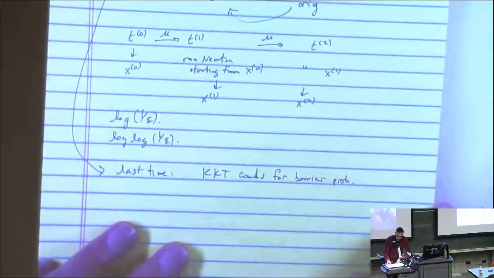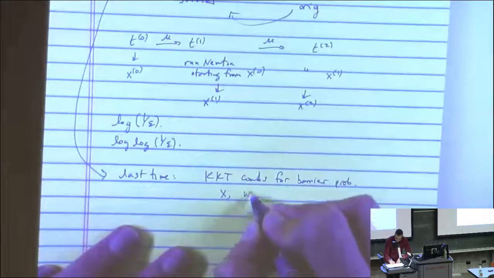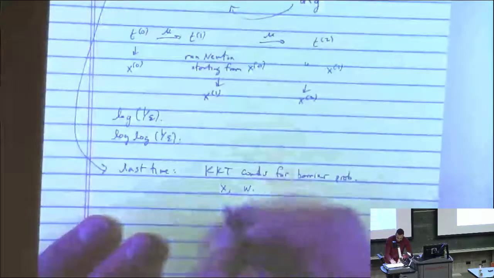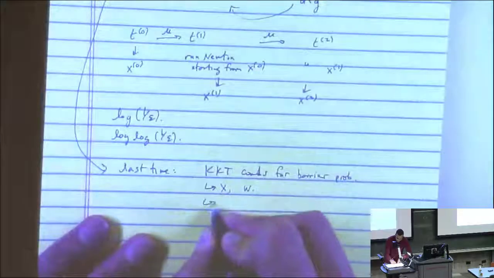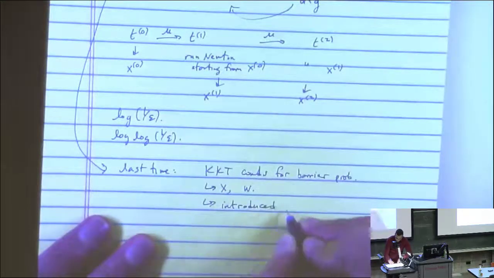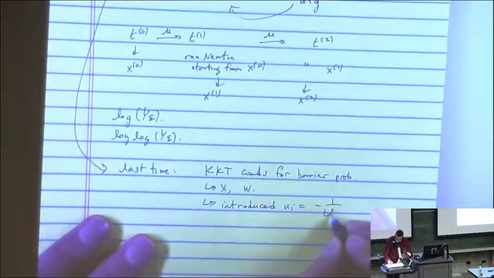Okay, and that had, let's say, a variable x and a variable w. So x was our primal variable and w was the dual variable corresponding to this inequality constraint. And then we introduced two new variables, u_i, which we defined as minus 1 over t times h_i of x.